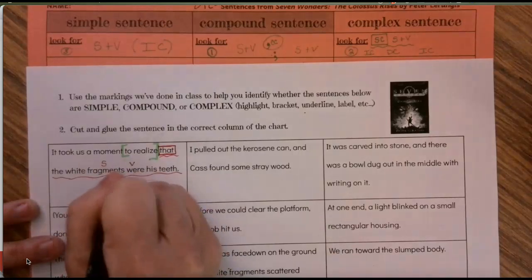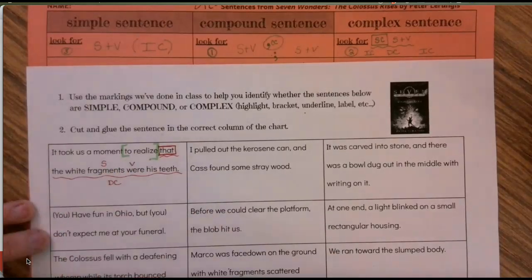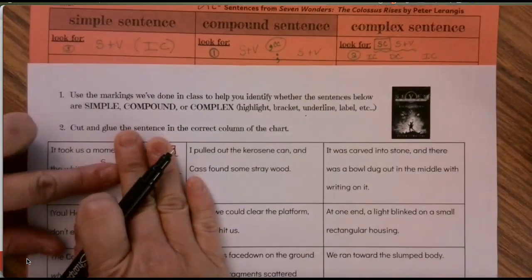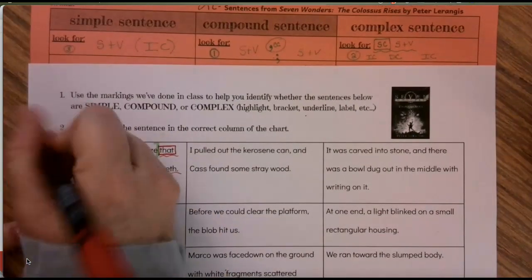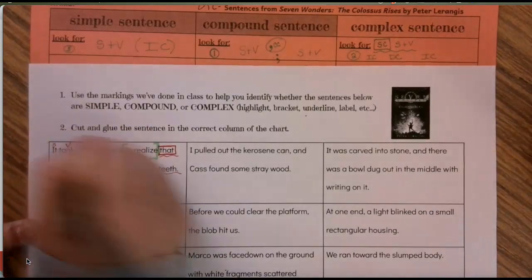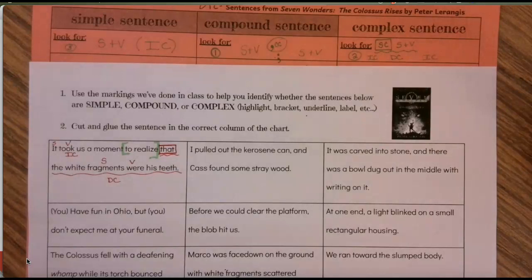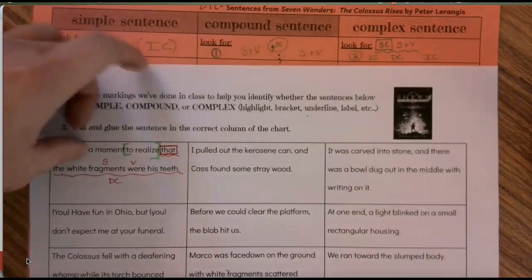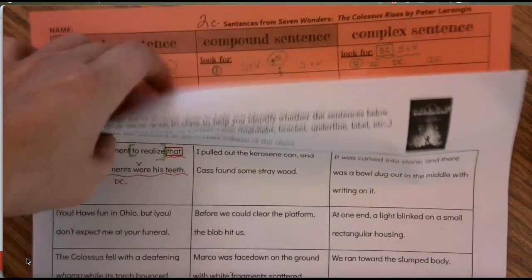That's a dependent clause. Now I've got to make sure there's an independent clause. I'm left with, it took us a moment. It is the subject, took is the verb, so this is an independent clause. So what I would do is cut just this one sentence out, and then you're going to glue it in the column where it says complex sentence.